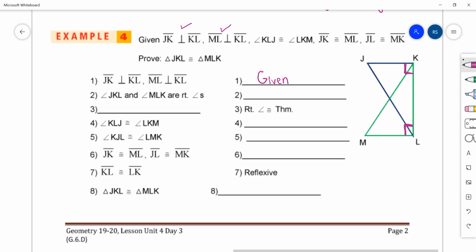Well, because that's what perpendicular lines do. You told us that. Yeah, that's right. So we're going to say definition of perpendicular lines here. The definition of perpendicular lines tells us they've got to be right angles.